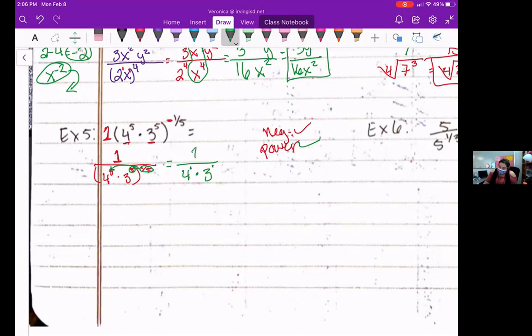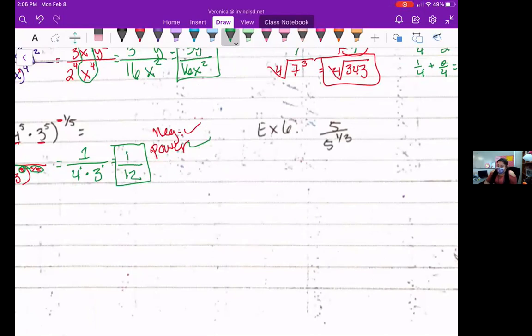So we have 1 over 12, and that would be your final answer. But do we understand why product rule does not apply? They have to have the same base, and these do not.